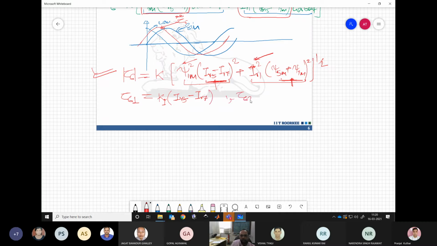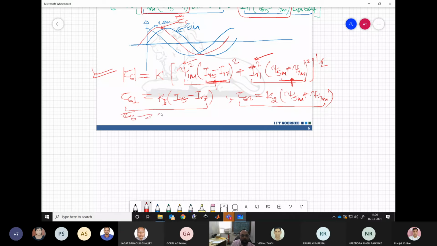And then tau 6 2 is proportional to k times 7m. So these are two torque components.